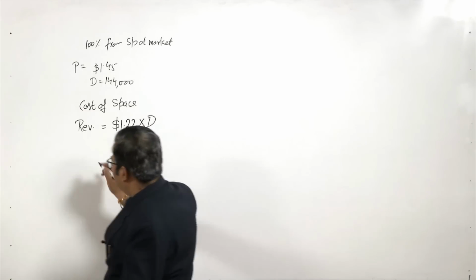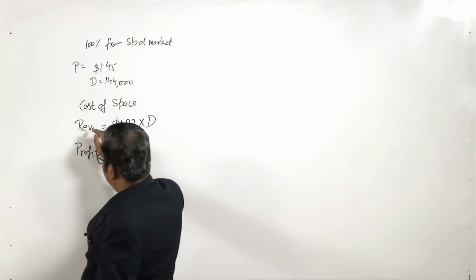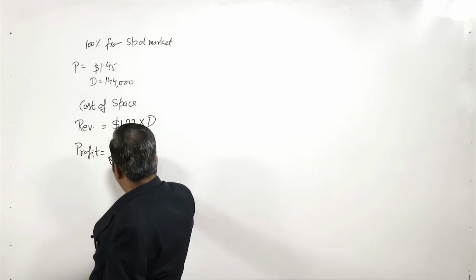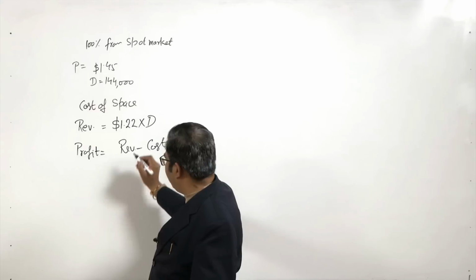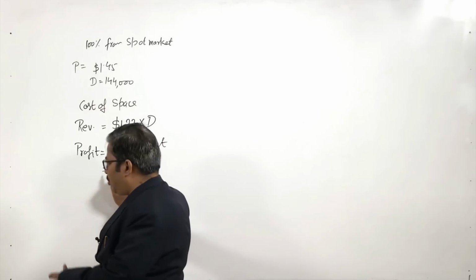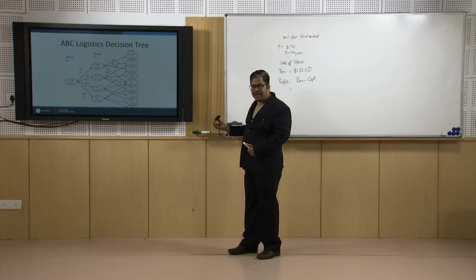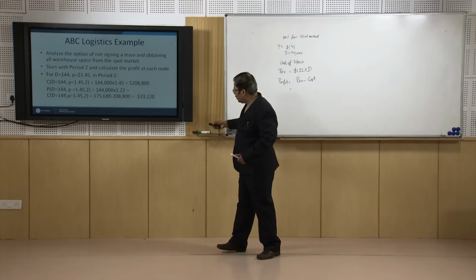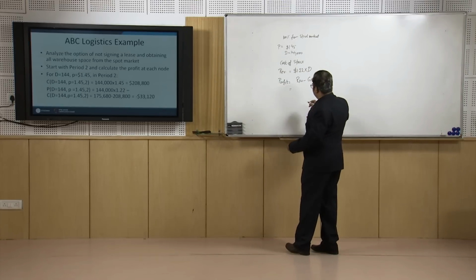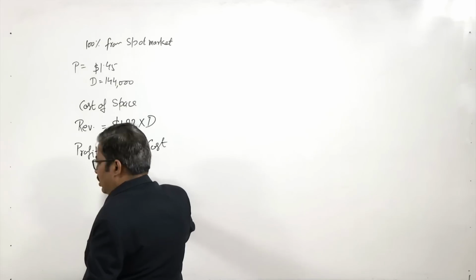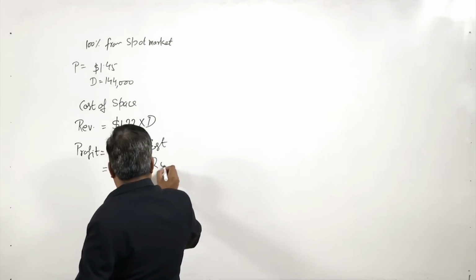and then we will calculate the profit, that is revenue minus cost. This is revenue minus cost, and in this calculation with this data we got the value minus $33,120.